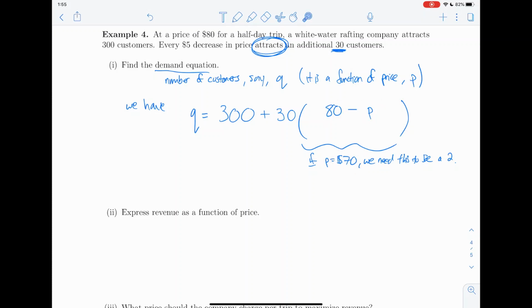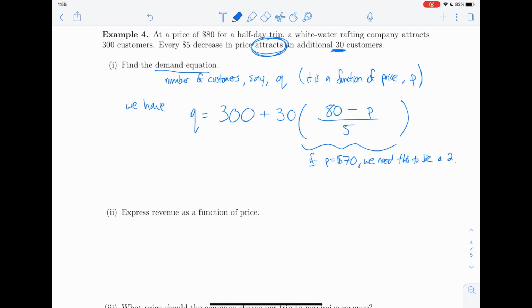That's 10. How do I get from 10 to 2? I divide by 5. And there we go. This is going to take the original price, subtract off the new price, cut it up into however many increments of 5 that difference occurs, and then give us 30 customers for every $5 decrease.